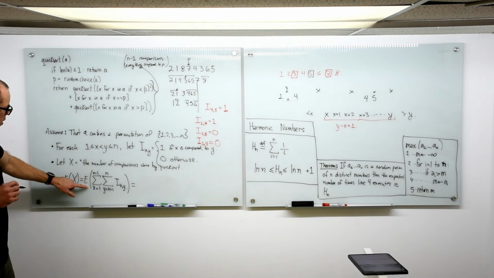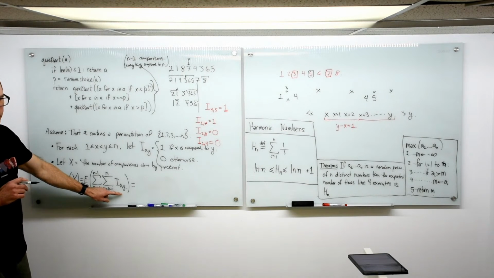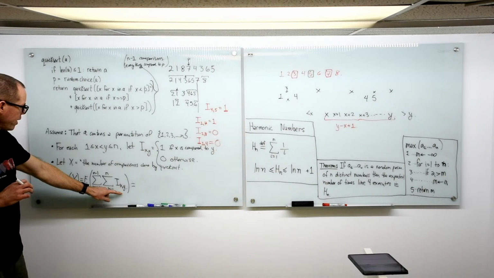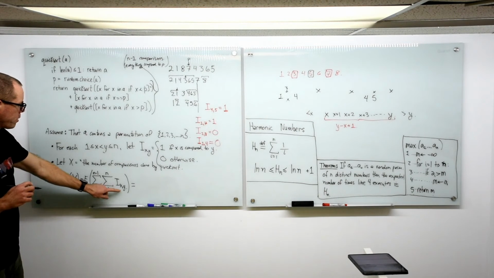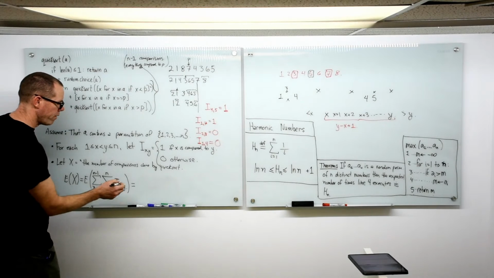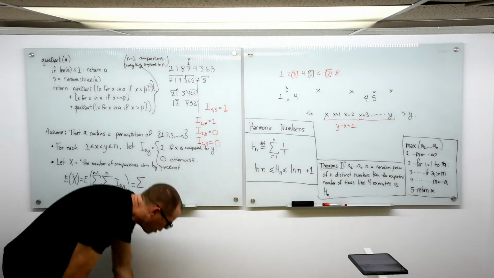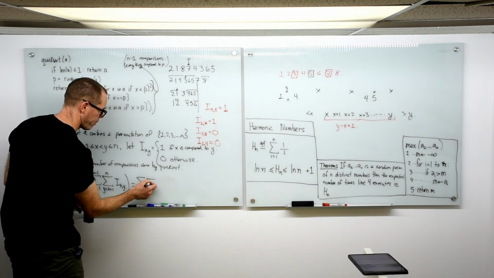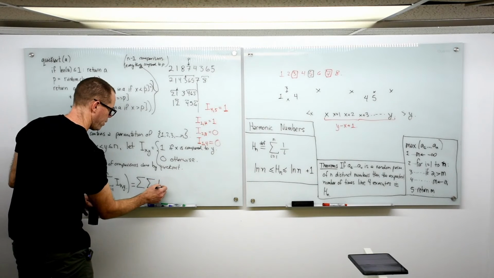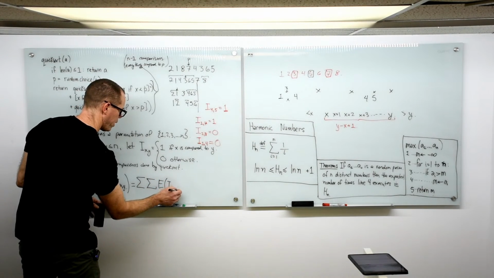And as always, when we have the expected value of a sum, and in fact, the reason we did this was to break things down and make them as simple as possible, we'll take the sum of the expected values, using linearity of expectation. So we get the double sum, and we get the expected value of I x y.